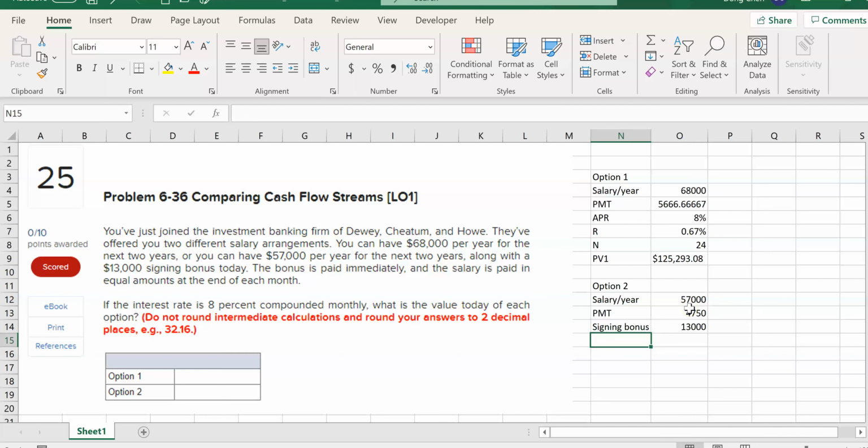But then we need to add the present value of the second option's equal monthly salaries to this signing bonus. That's the total present value of the second option.